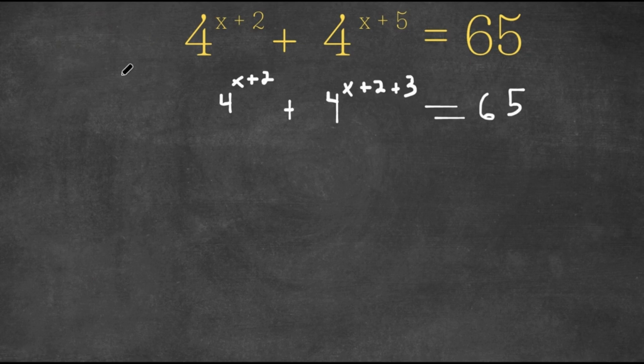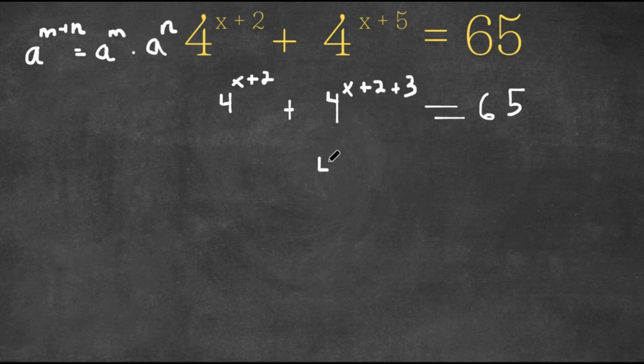Now, if we have something in the form a to the power of m plus n, this is also equal to a to the power of m times a to the power of n. So as you can see right here, we have 4 to the power of x plus 2 plus 3.